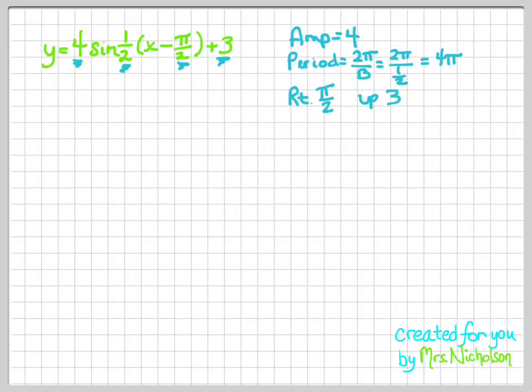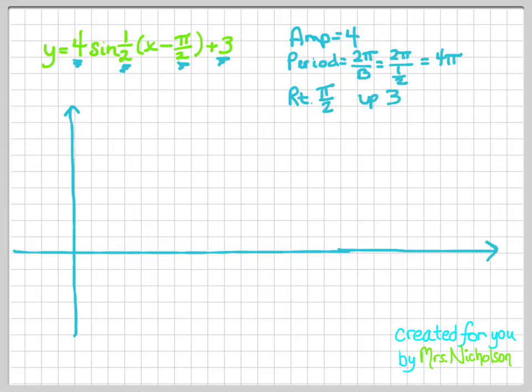So now I have all the information that I need. I'm ready to sketch a graph of this function. Here we go. So I like to always start with the horizontal and vertical shift, the right pi over 2 and up 3. And I need to label my x-axis.